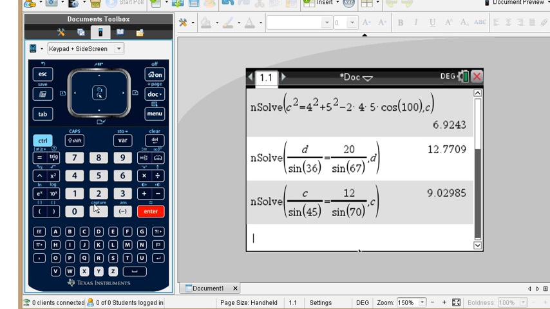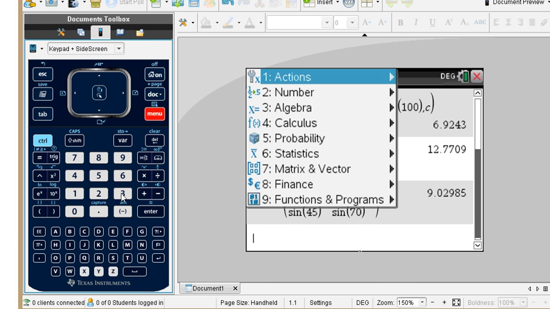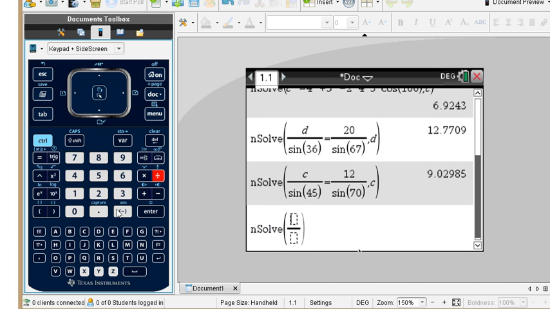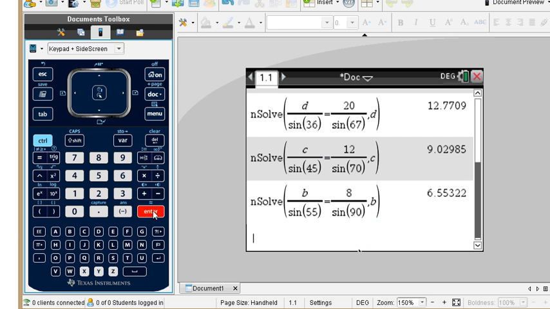So going to our calculator, menu 3-1, we have B over sine of 55 degrees is equal to 8 over sine 90 degrees, which again we know is 1, comma, B. So we get 6.55.